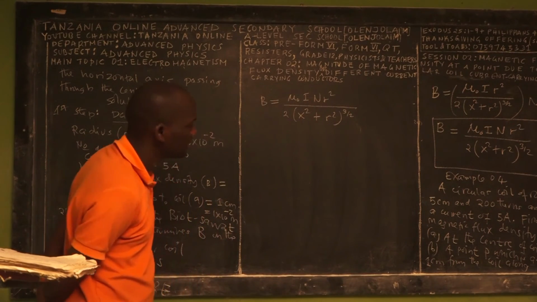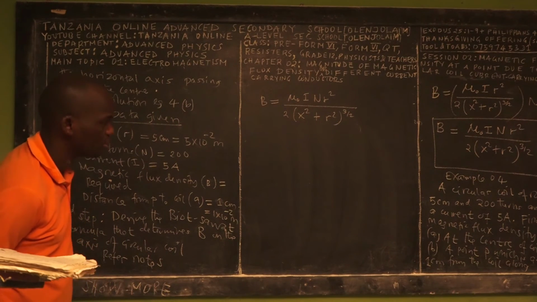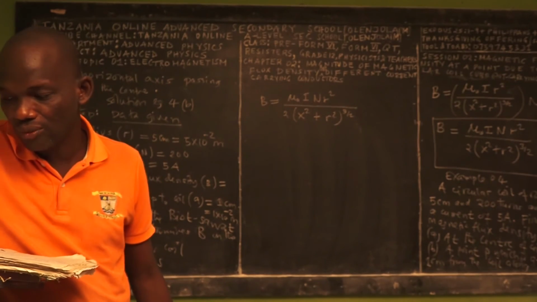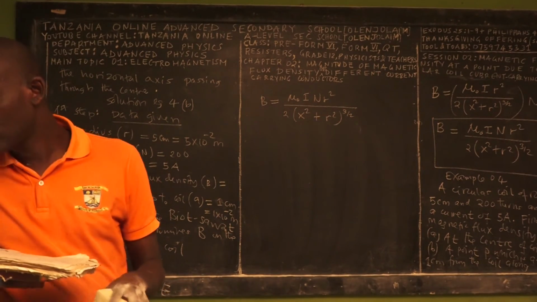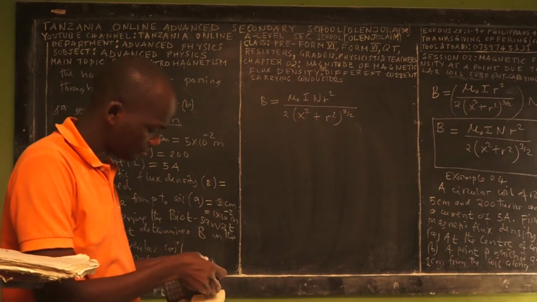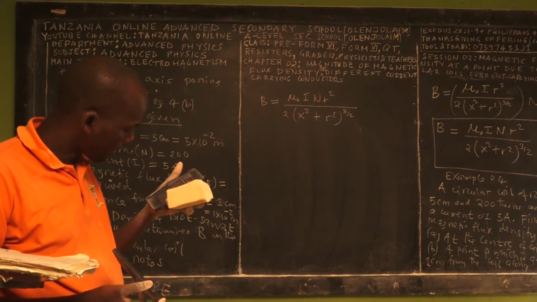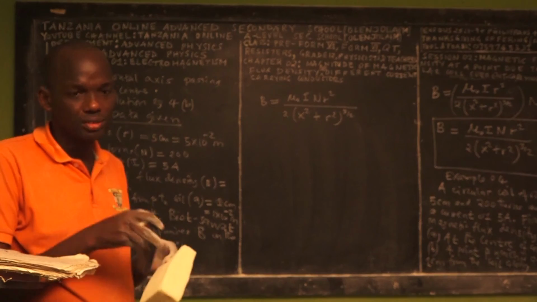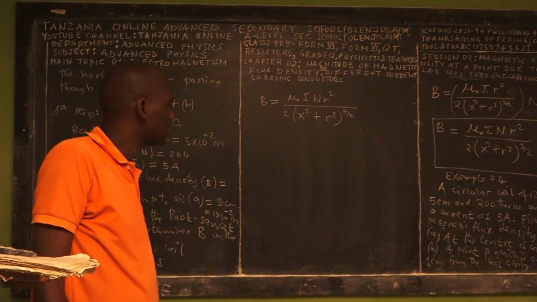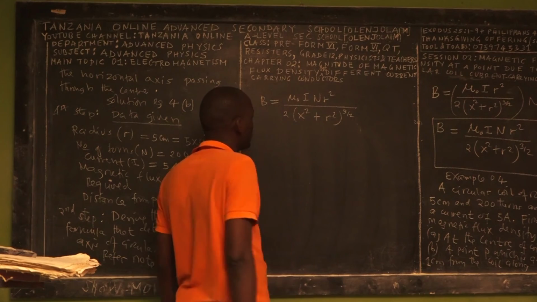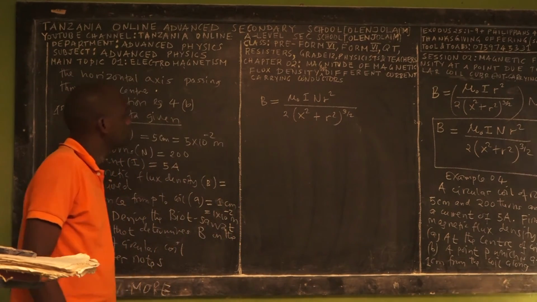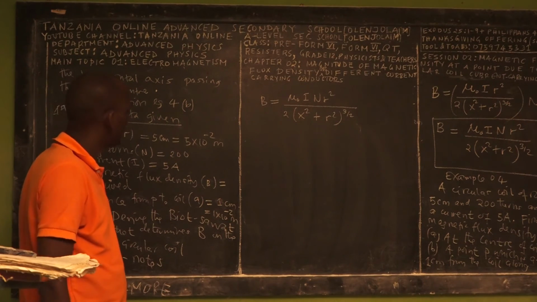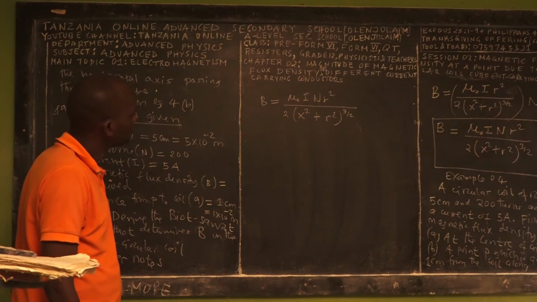The permeability of free space is a constant, and you can use the scientific calculator, where you can find it among the constants. But in most exams, it's given in front of the question paper. Okay, so current is given as 5 ampere, number of turns 200 turns, radius is given, then what?